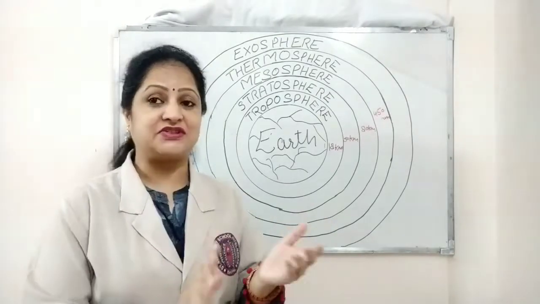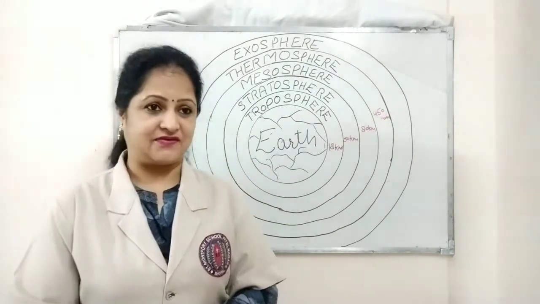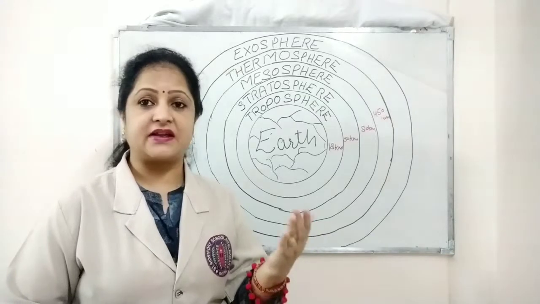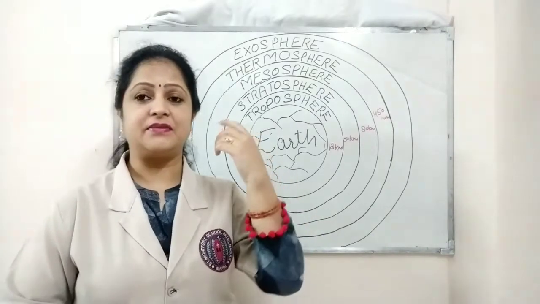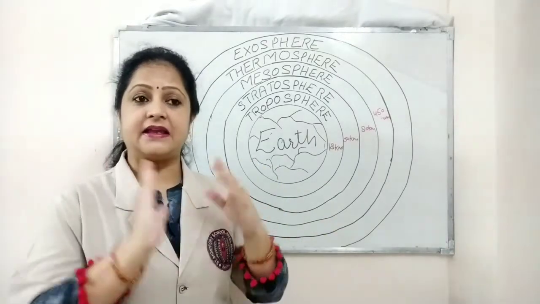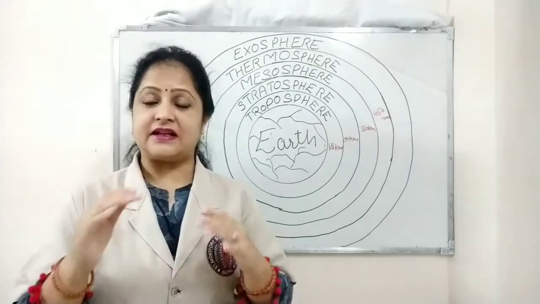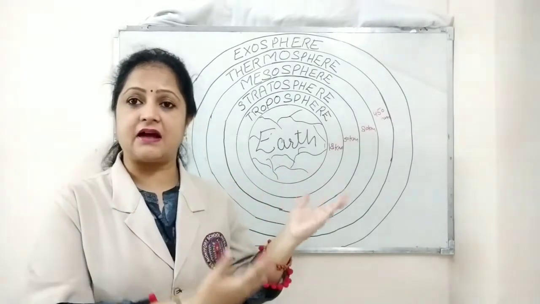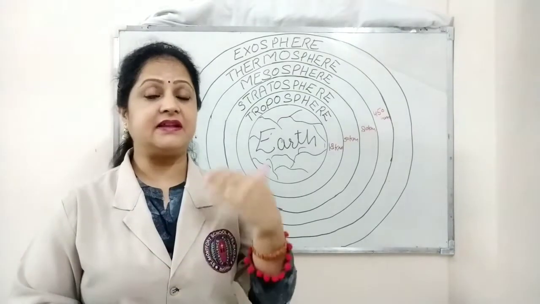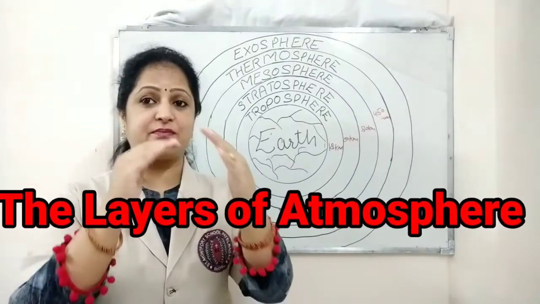First I told you what is atmosphere, and after that I told you the composition of atmosphere, where nitrogen, oxygen, carbon dioxide and many other gases together form the atmosphere. Till there we have already learned in our previous video, and today we are going to start with our next topic, and this next topic is the layers of atmosphere.